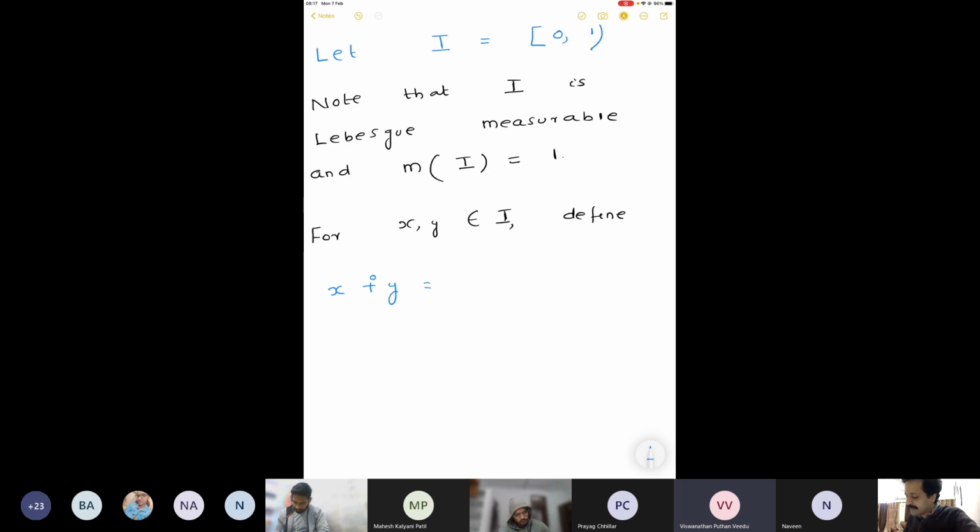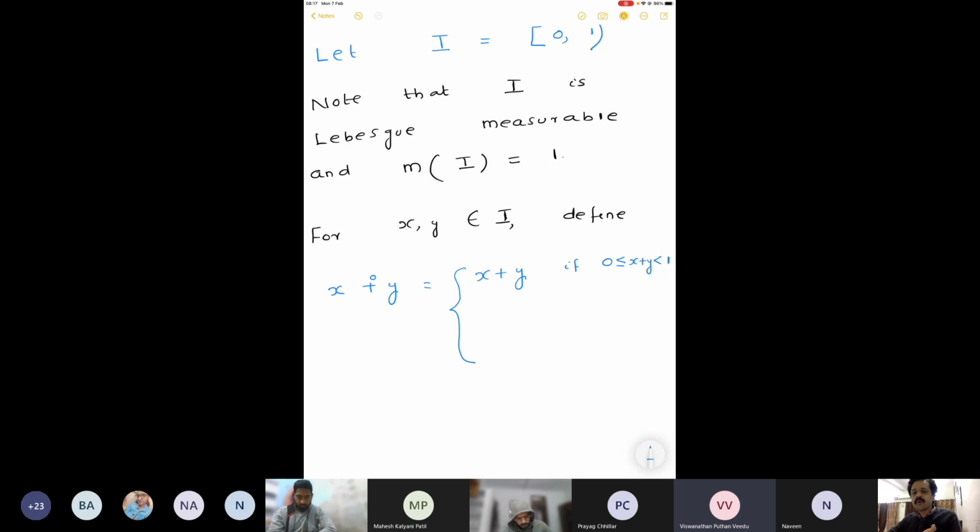How do I define it? Note that when x and y are in I, x plus y can range between 0 and 2, 2 not including. In case x plus y is less than 1, then I will keep it as it is. So I will define x circle addition y as x plus y if 0 is less than or equal to x plus y is less than 1.